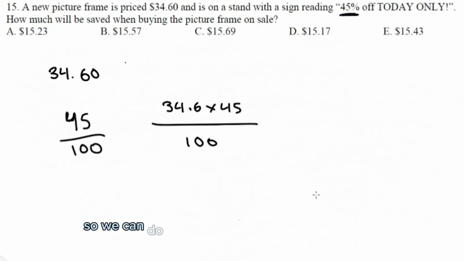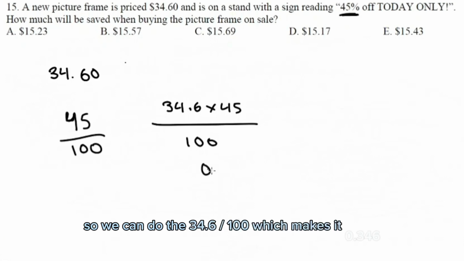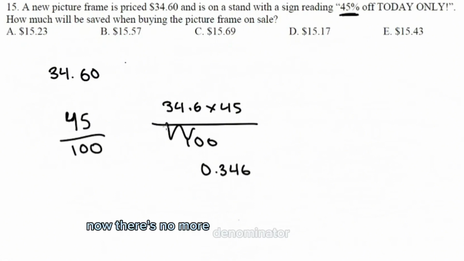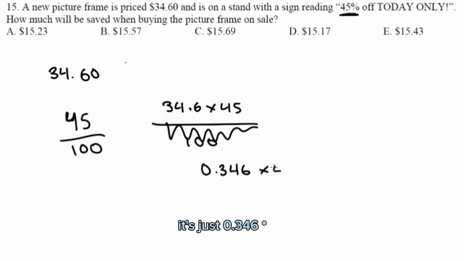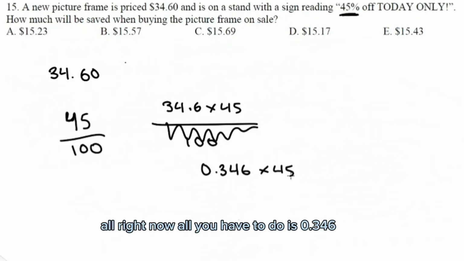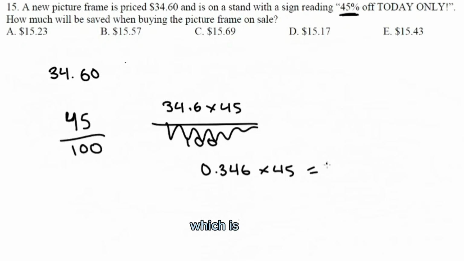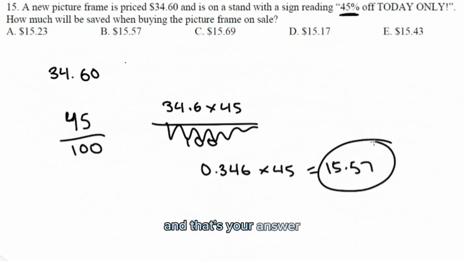So we can do 34.6 divided by 100, which makes it 0.346. Now, there's no more denominator on the bottom. It's just 0.346 times 45. Now all we have to do is 0.346 times 45, which is 15.57, and that's your answer.